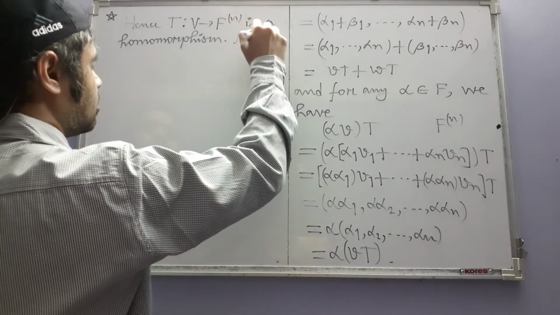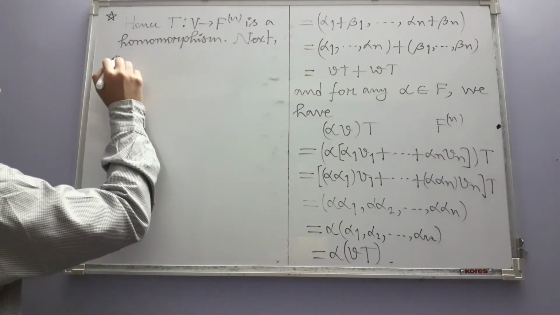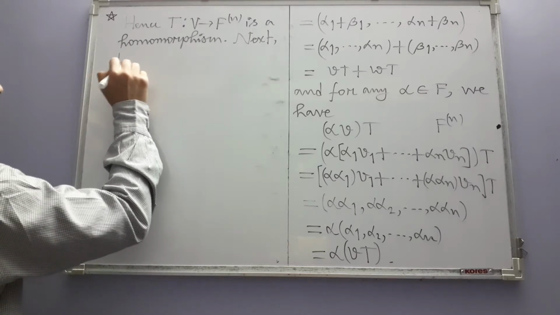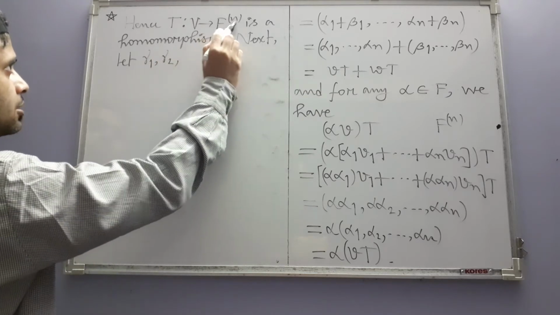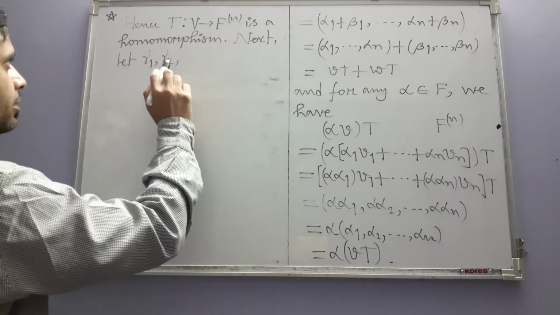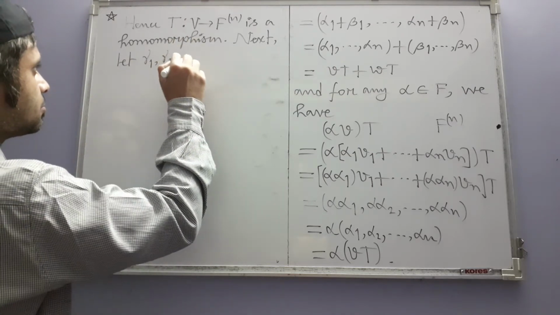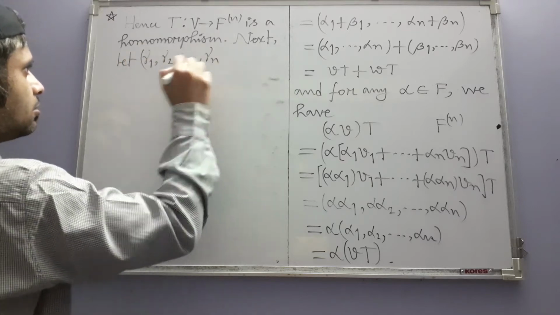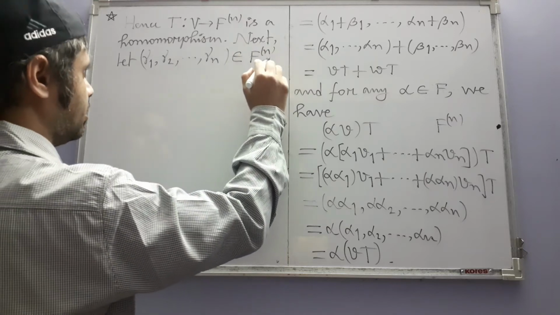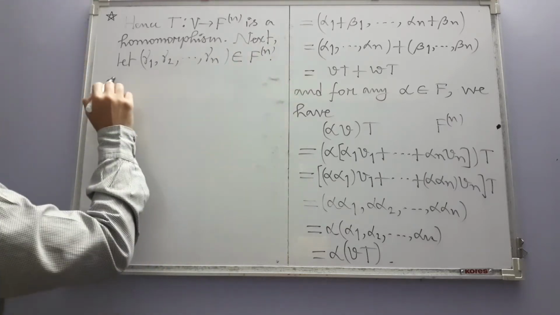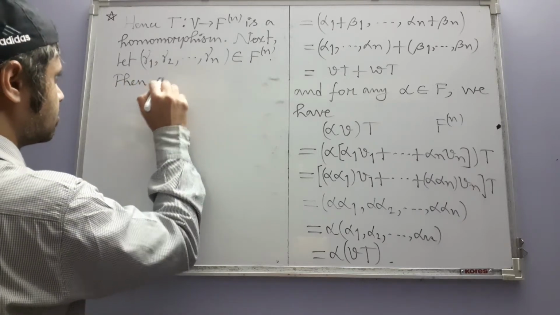Next, now we try to show that this T is onto. So for that we will choose a vector here and we will show that that vector is the T image of something from here. Let (gamma 1, gamma 2, up to gamma n) belong to Fn. It is some n-tuple of field elements. Then obviously this is very easy actually.